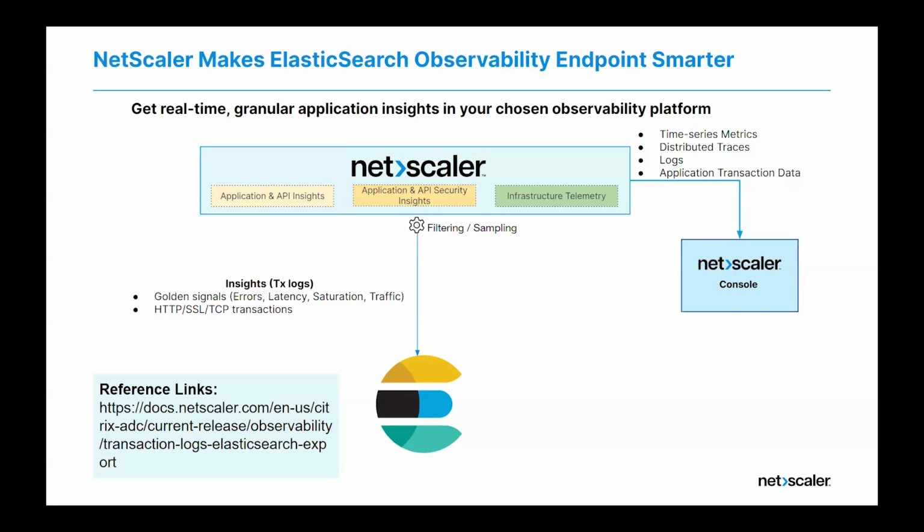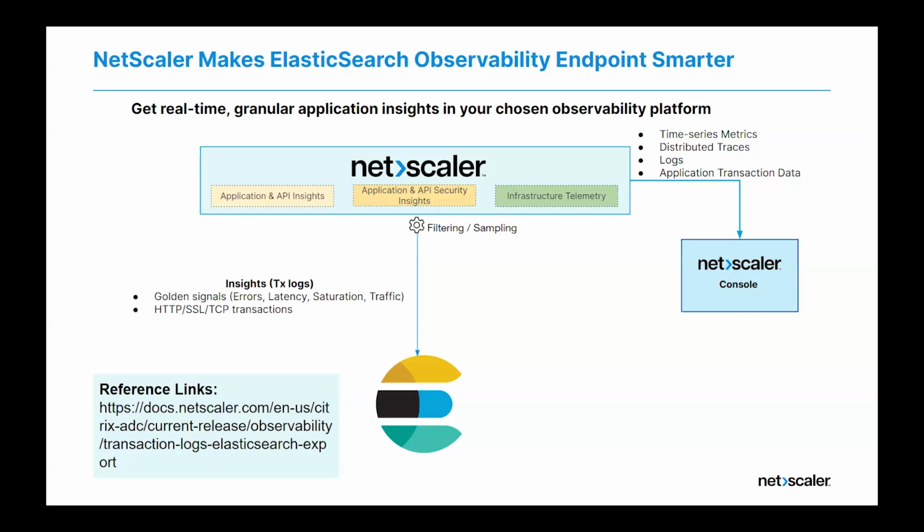There are multiple different insights which NetScaler generates because we sit in the data plane traffic. We are in front of your mission critical applications, so we know about application performance and application health. So we can do monitoring and troubleshooting on the APM or SIEM tools.